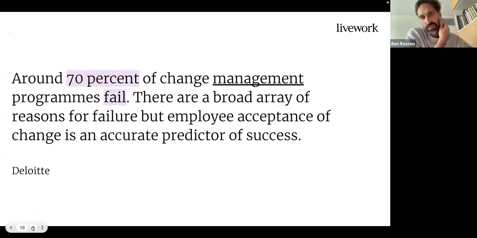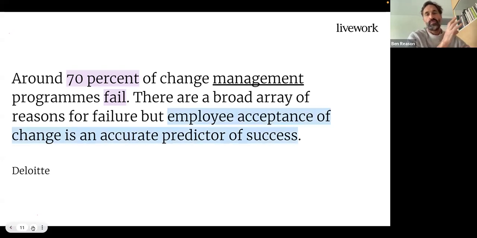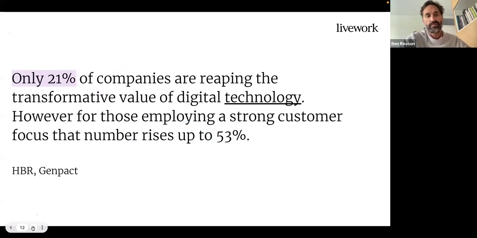Having read reports from elsewhere that talk about how change programs fail in the light of their success criteria, both from an employee point of view, but also from a customer point of view.